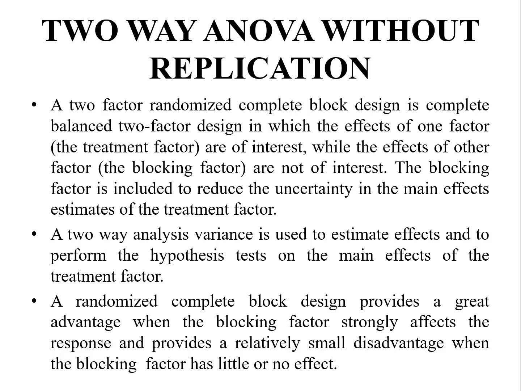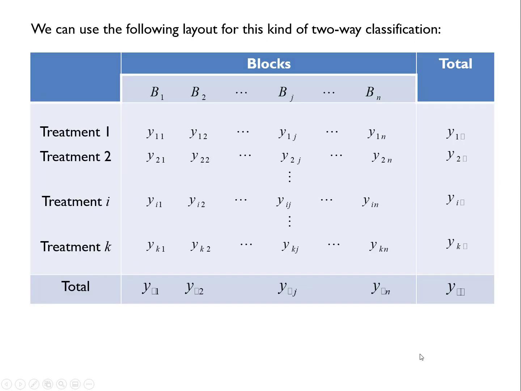A randomized complete block design provides a great advantage when the blocking factor strongly affects the response, and a relatively small disadvantage when the blocking factor has little or no effect. Basically, this is just a general structure. These are the treatments and these are the blocks. We just want to study this from one side. We don't want to interact treatment 1 with this and treatment 1 with that, but we just compare the whole treatment with the whole block as a whole.